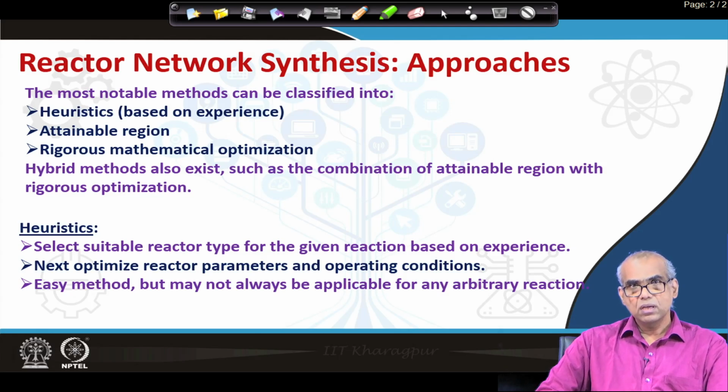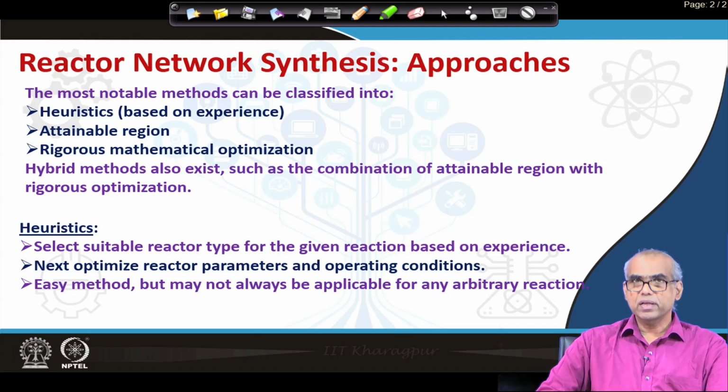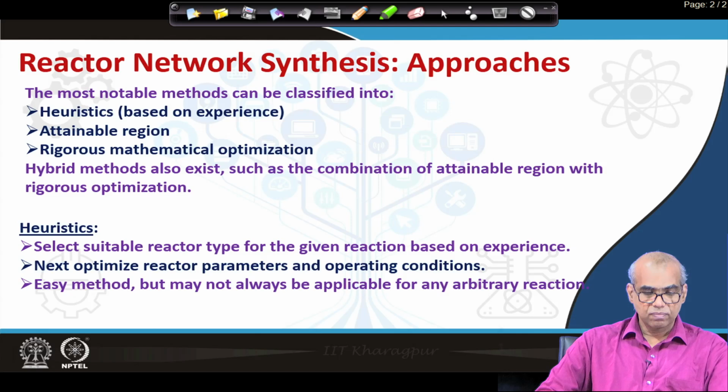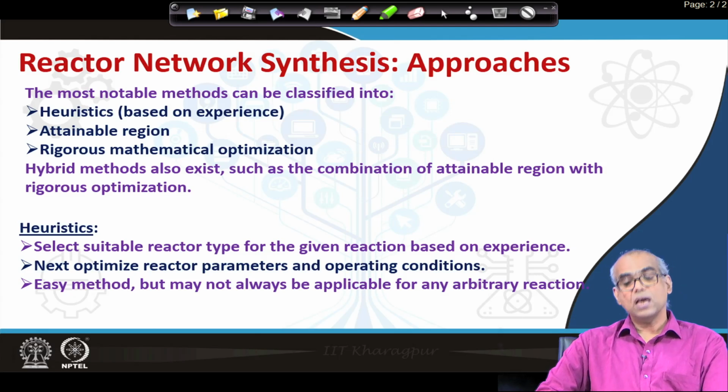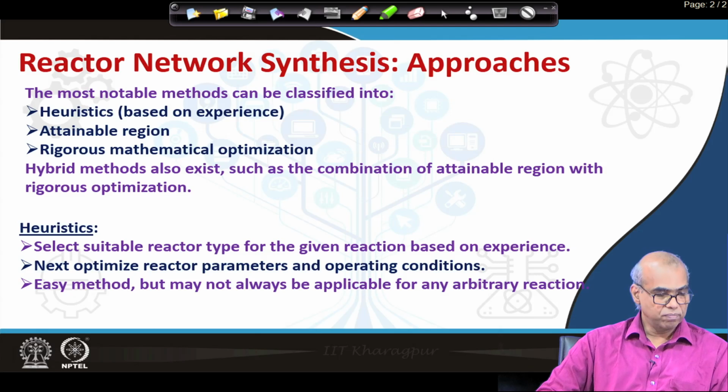Next, you optimize reactor parameters and the operating conditions that will maximize your performance index, that is your target, maximization of yield, maximization of selectivity, etc. This method is easy, but may not always be applicable for any arbitrary reaction. Also, it is not guaranteed that this will lead to an optimal solution to a reactor synthesis problem.